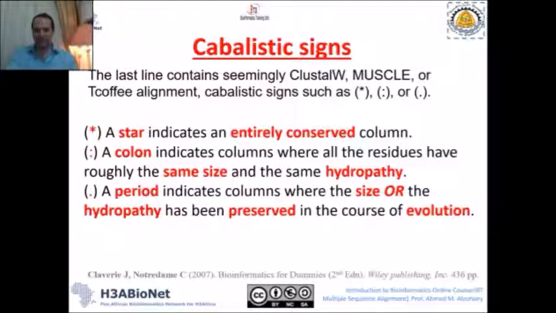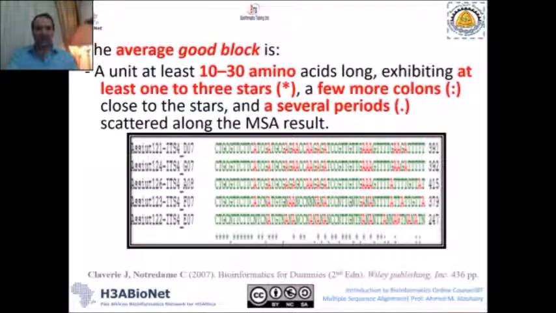So if the column is represented by a period, this means that this column has residues that have either one hydropathy or size.